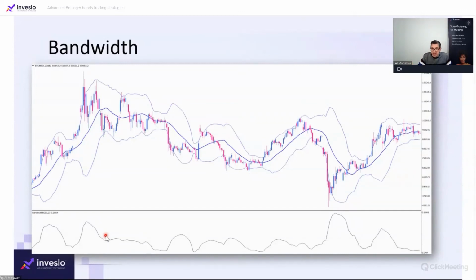Okay, so here you can identify a reversal. Let me find it in terms of the W bottom, as we discussed, and you can see the bands are at the narrowest distance from each other, as bandwidth is incredibly low in value compared to the history. Clear?